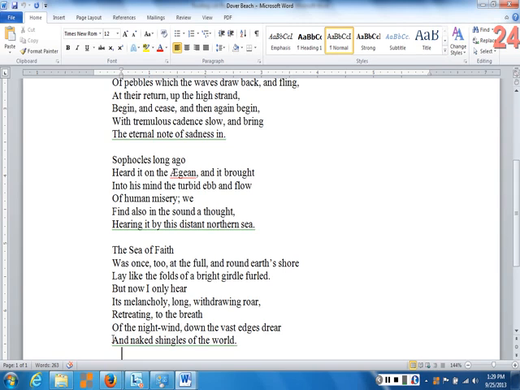So the subject then has finally come down to religious faith. And what the speaker wants to say about faith then is being developed in terms of this metaphor of the sea. And so what is he saying? What is his theme? His theme is the withdrawing or the retreating of faith.